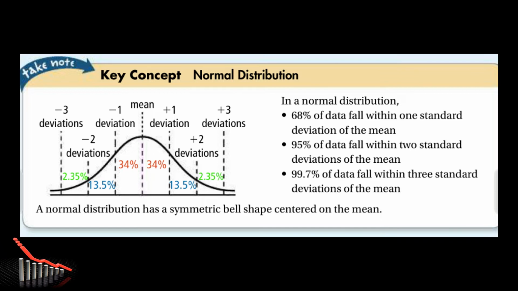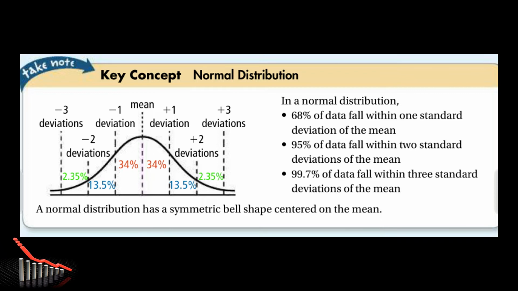All right, in a normal distribution, within one standard deviation of the mean, we have 34% on each side. So 68% of the data, remember it's symmetric, so 34 on each side, would fall within one standard deviation of the mean. Now, within two standard deviations of the mean, I get 95% of my data.